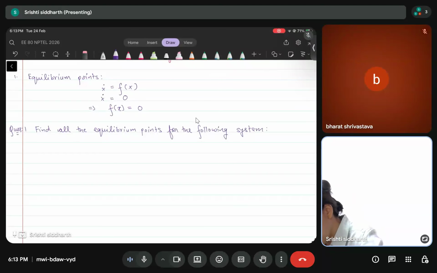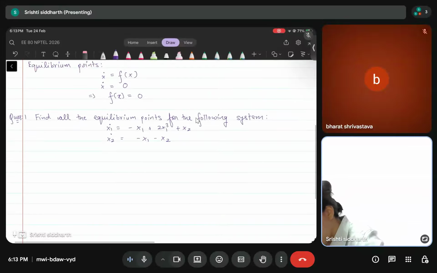The system is x1 dot equals minus x1 plus 2x1 cubed plus x2, and x2 dot equals minus x1 minus x2.